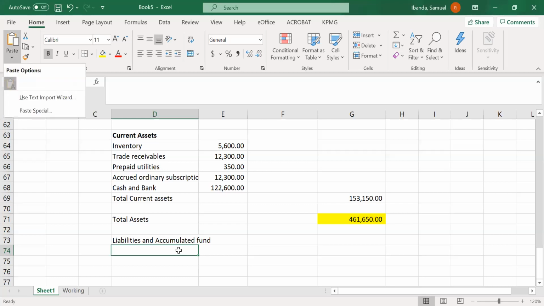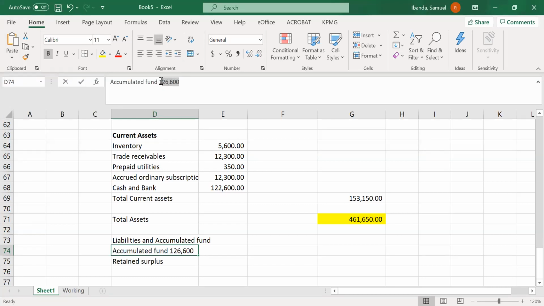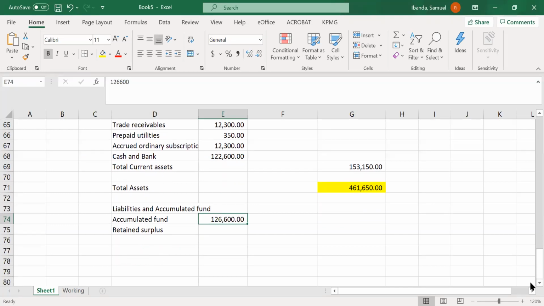Now, accumulated fund is like capital. In most cases, it remains the same. So we can see that it also remained the same here. Retained surplus. Now, retained surplus are like retained earnings.